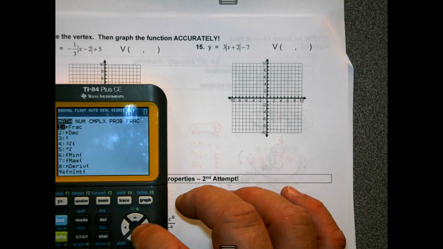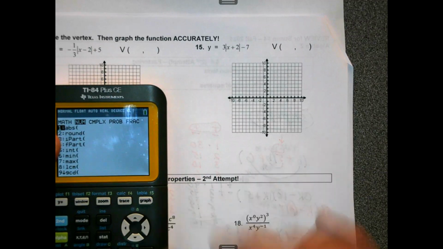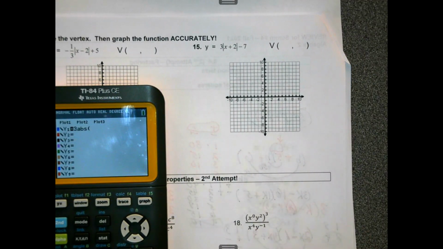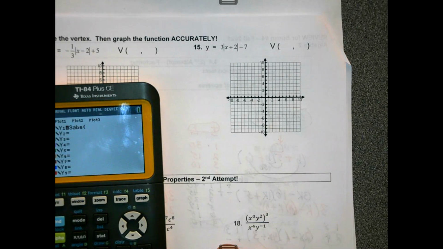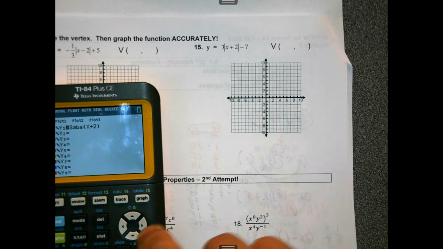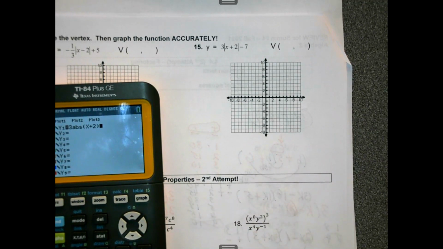Remember, I hit the math button, go to num, absolute value, and yours might have the actual bars. And I put in x plus 2, and I have to close parentheses. You probably have to use the arrow button to get out of those absolute value bars. Then I'm going to subtract 7. Then I'm going to graph it.